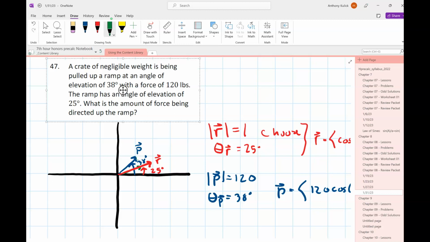The length of it doesn't really matter if we're just talking about how much force is being directed up it. I don't really care how long it is. So unless you've told me how long it is, I'm just going to not worry about it. I'm just going to make its length 1 and just worry about the direction on it.